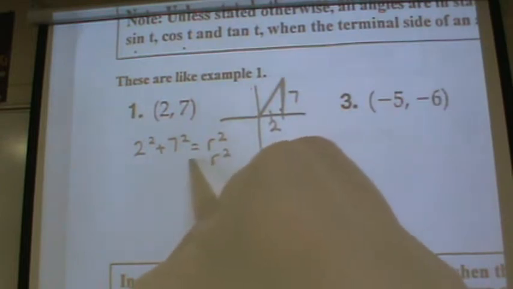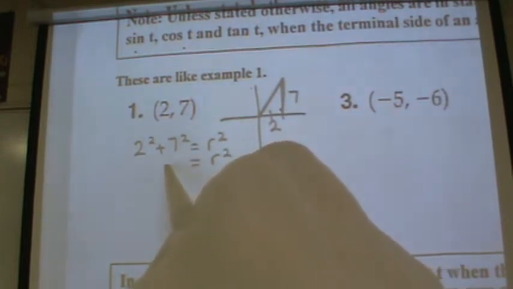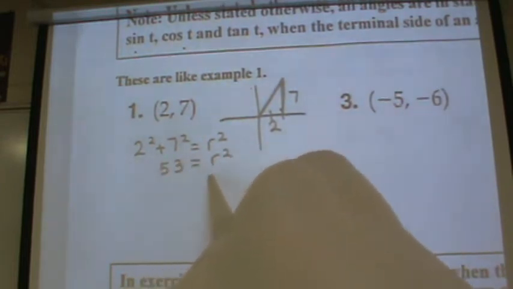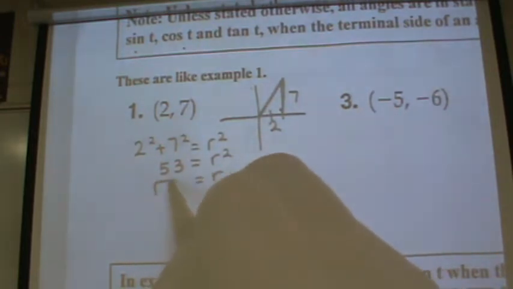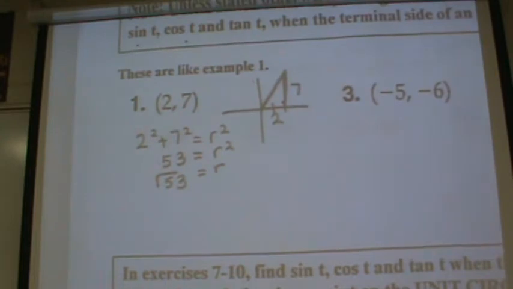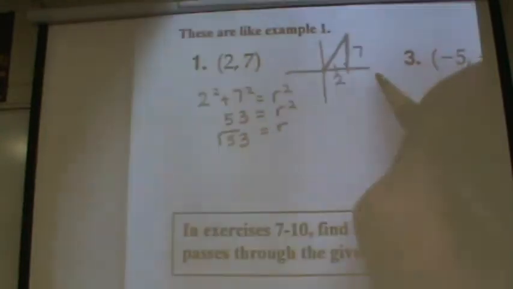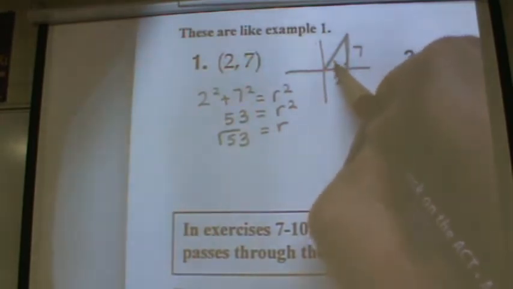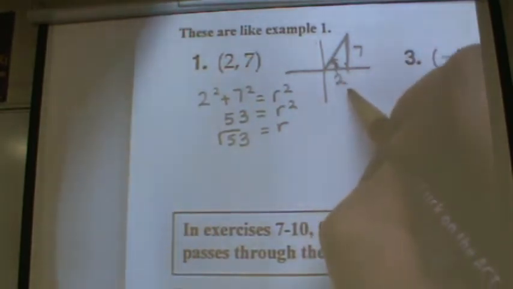What is r squared? 53. What's r then? Root 53.